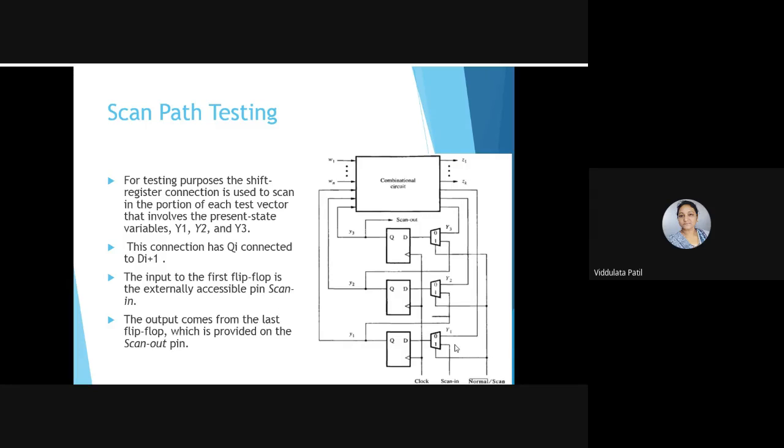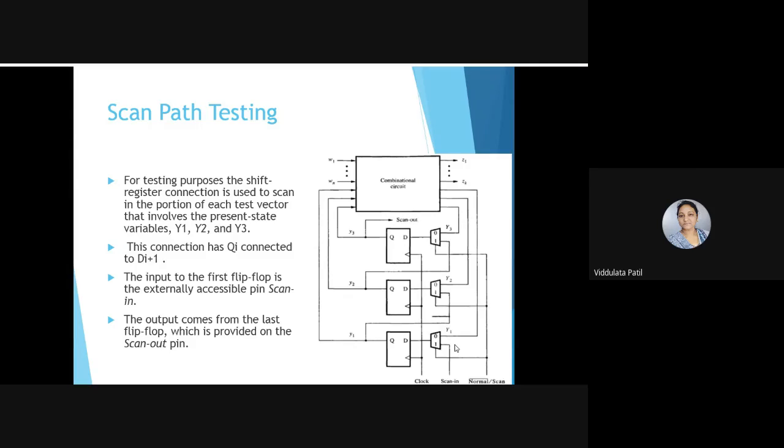Because of this, Y1, Y2 and Y3 become part of the test result that is observable externally. So we can observe the result that is present externally. At the same time, the next vector can be scanned in to reduce the total time needed to test the circuit.